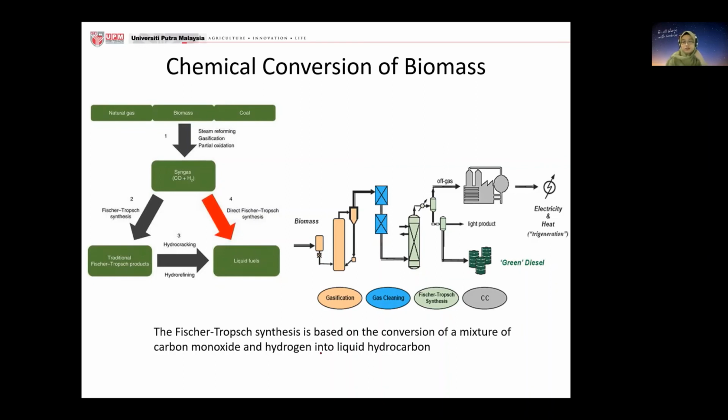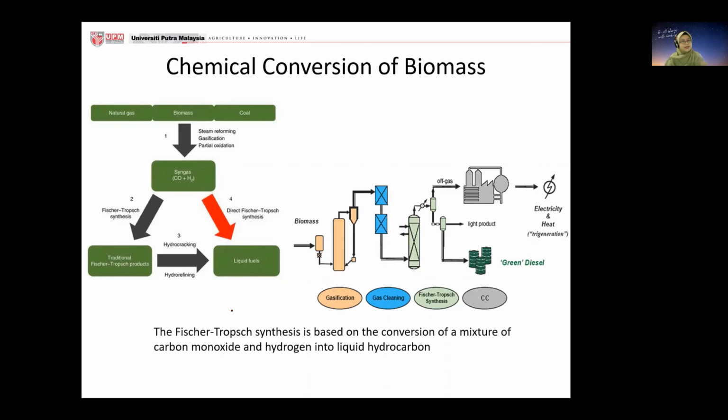Currently, what is naturally used is natural gas, because in FT synthesis you need CO and H2. If you have biomass, you need to first gasify it, and the biomass will be transformed into CO and H2. Once you have that, it will undergo the FT synthesis.